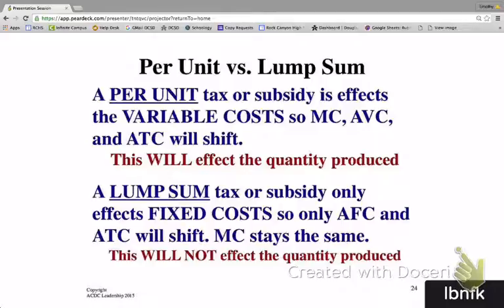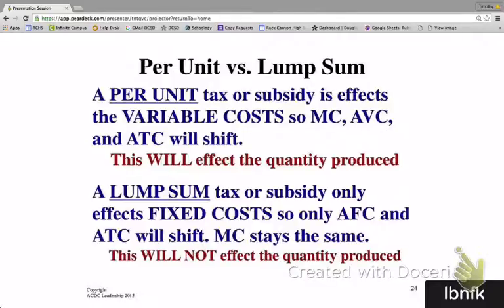But if it's a lump sum tax or a lump sum subsidy, it only affects fixed costs. It's not dependent on how much we produce. It's a tax you pay in one amount, and it's not dependent on what you produce. So only average fixed cost and average total cost will shift if there's a lump sum tax.